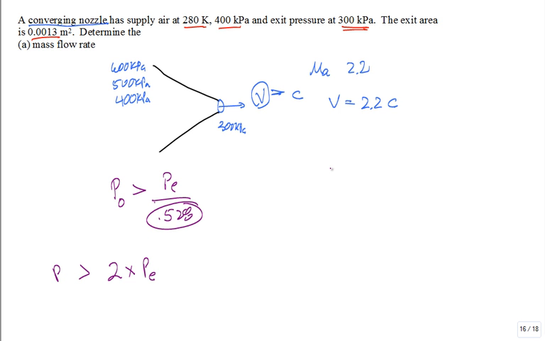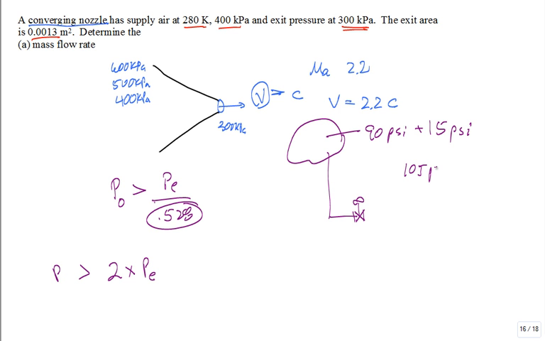A lot of times they'll have an airline and a little hand-operated valve on that airline. A lot of times it's just a 90 degree rotation. If it's not too large a line and it doesn't drop the pressure too much in the back, that pressure is very high. It'll be a 90 psi line or something like that, and you add 15, so you know that it's a 105 psi absolute line.